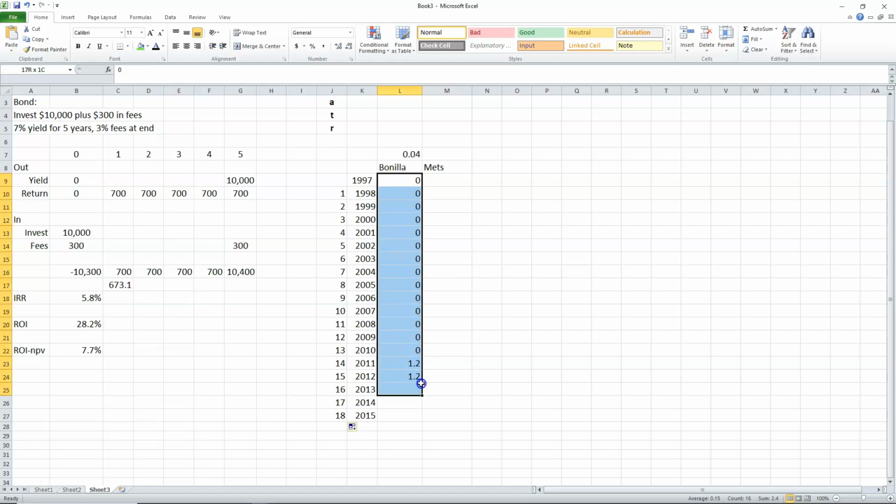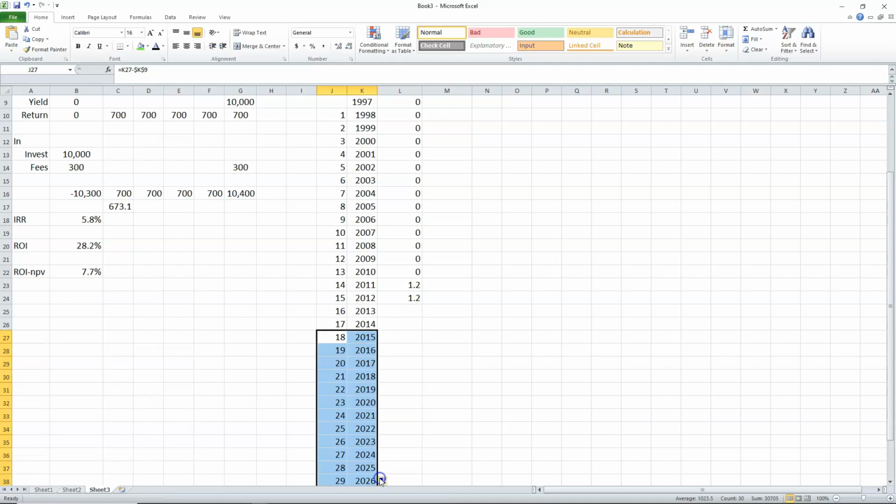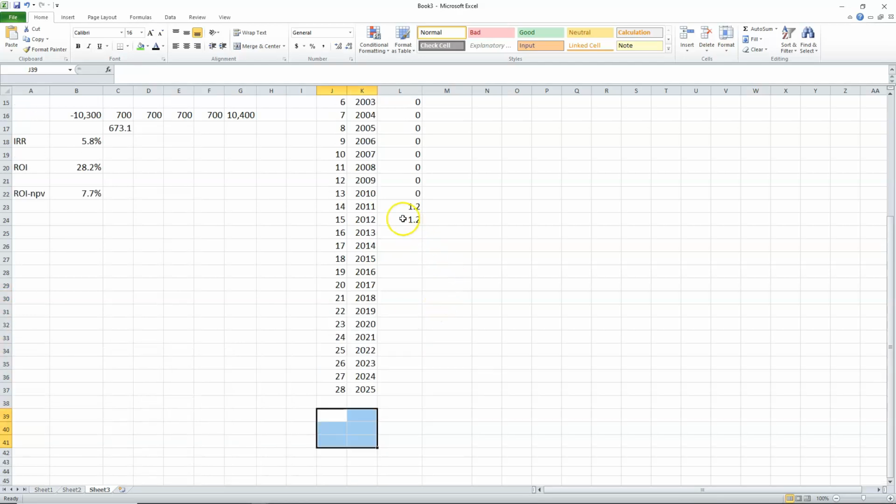Now, in terms of how much did Bobby Bonilla get paid? Well, I'm just going to move the Mets over here because I need to figure out. Now, I could do one of two things. I could do net present value, or I could do whatever. But really, the best way to keep track of this is do every year one at a time. Do every year one at a time, and you can figure out how this works.